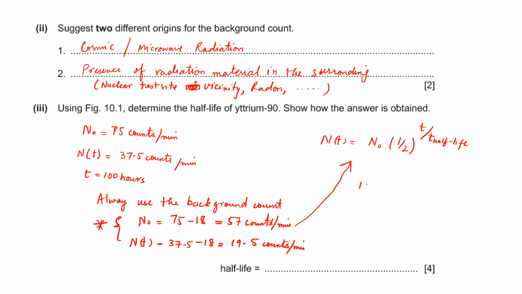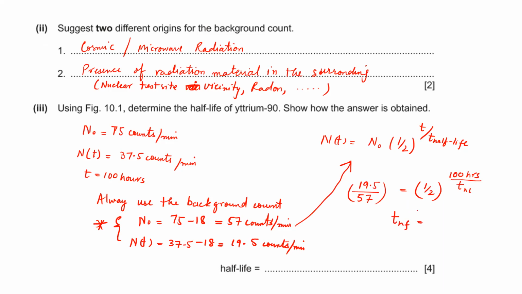Using these values, we get 19.5 divided by 57 equals (1/2) to the power of 100 hours divided by t half-life.